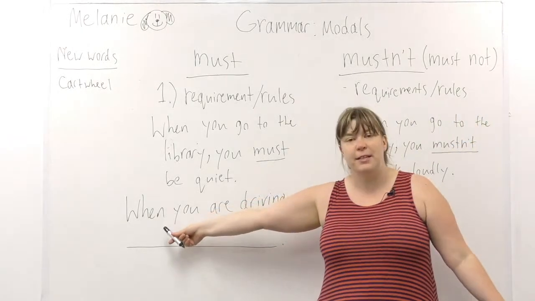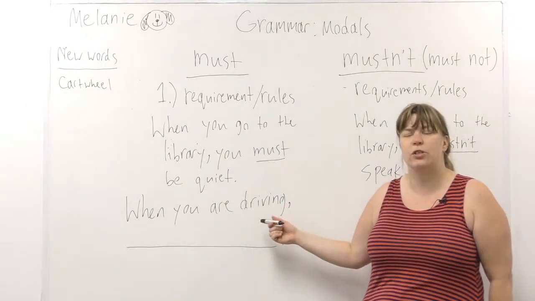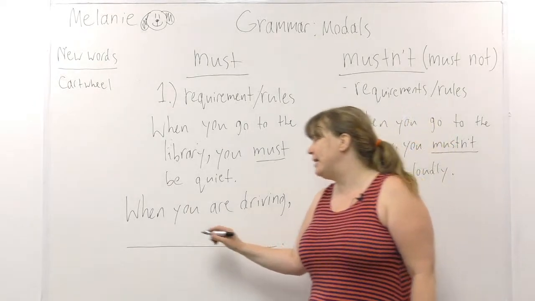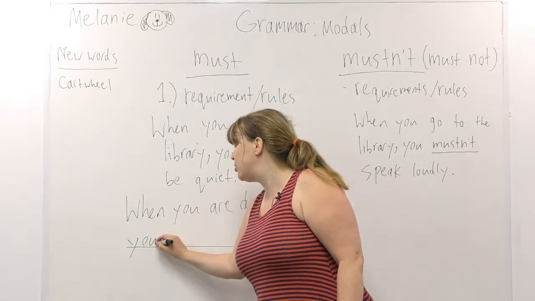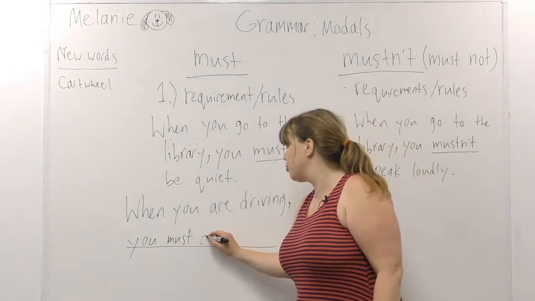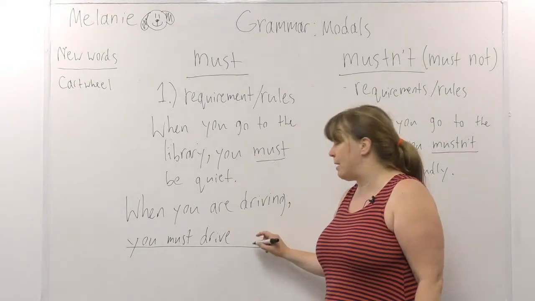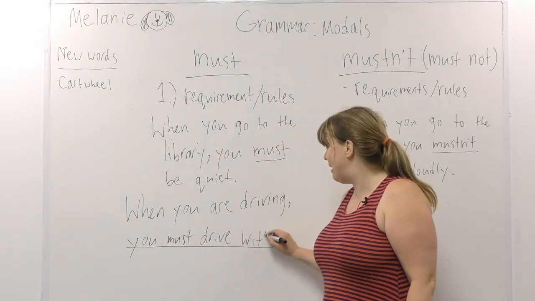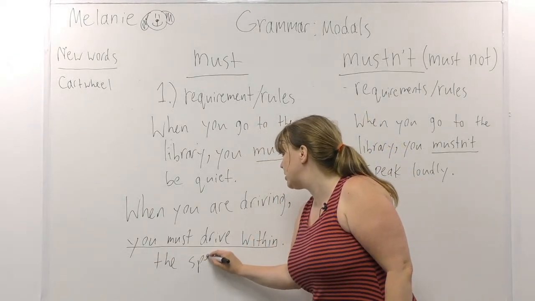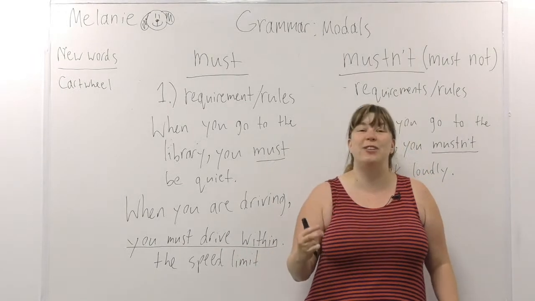All right, I'm going to fill this out because I'm not seeing any answers or suggestions. So when you are driving, I think, let's say you must drive within the speed limit, for example. You must drive within the speed limit. If you don't, you're going to get a ticket.